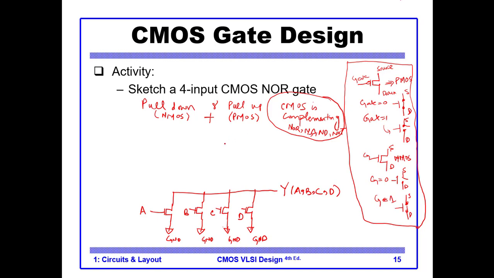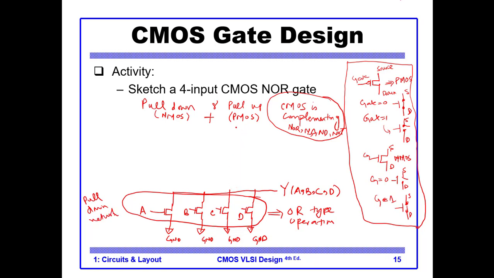So in parallel, it's like an OR type operation. So if A is 1 or B is 1 or C is 1 or D is 1, the output will be 1. It means any of these is 1, the output is 1. So this is called the pull down network.